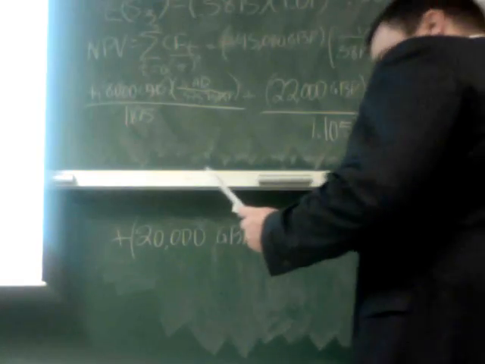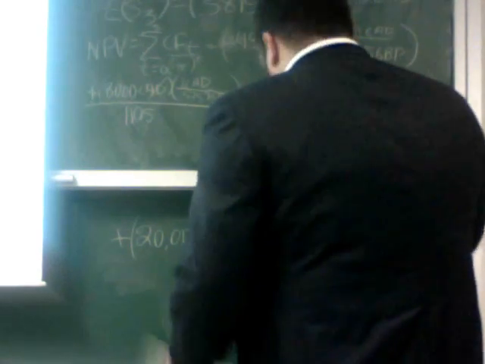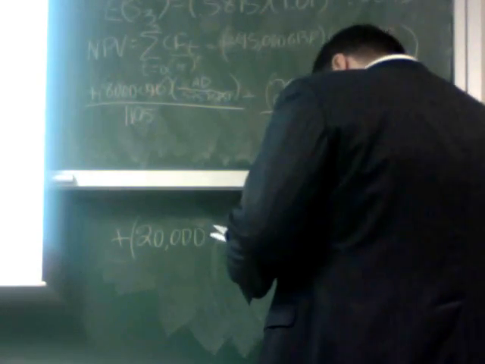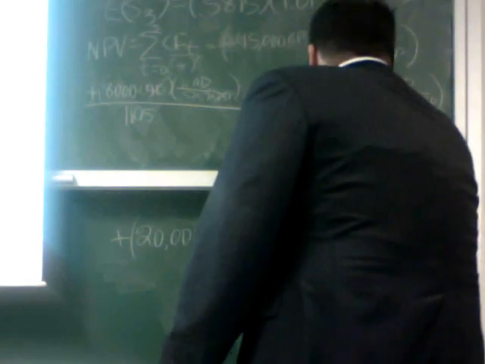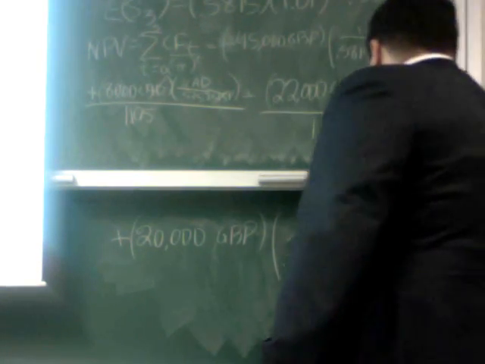So the cash flow in year 3 is 20,000 pounds. That's converted at the rate in year 3, which is 5873. And that's discounted back 3 years.